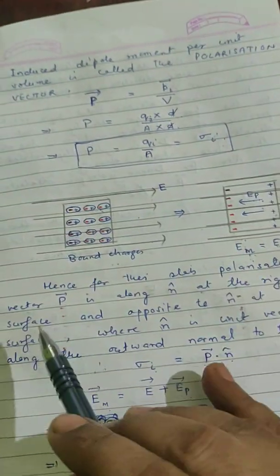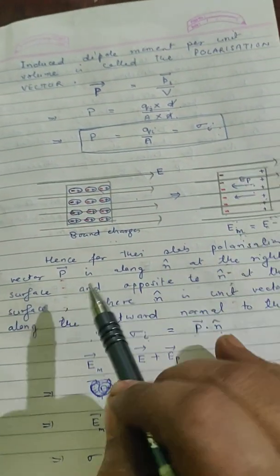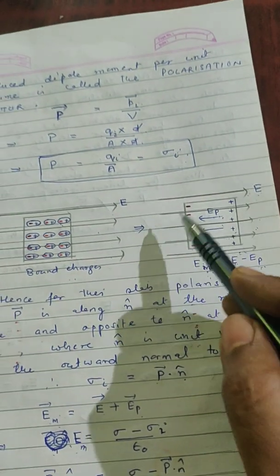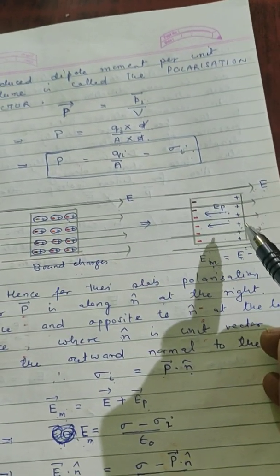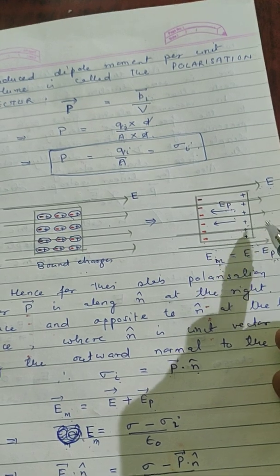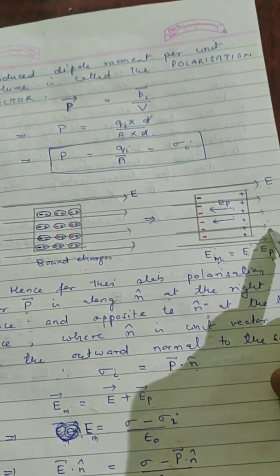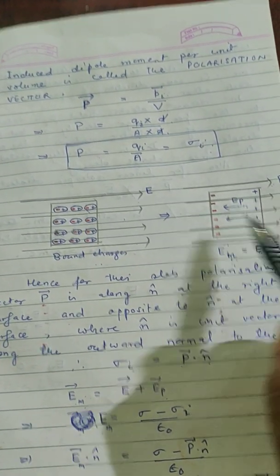Now the direction of the polarization vector, if we imagine a unit vector in the normal direction, outward normal direction, with respect to this we can say what is the direction of the polarization vector.